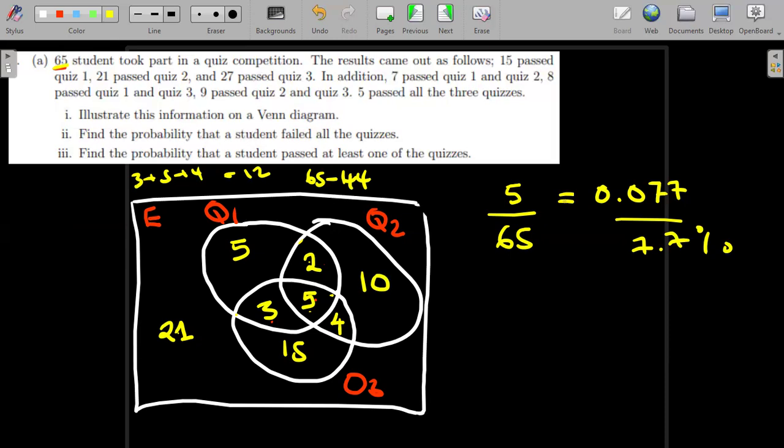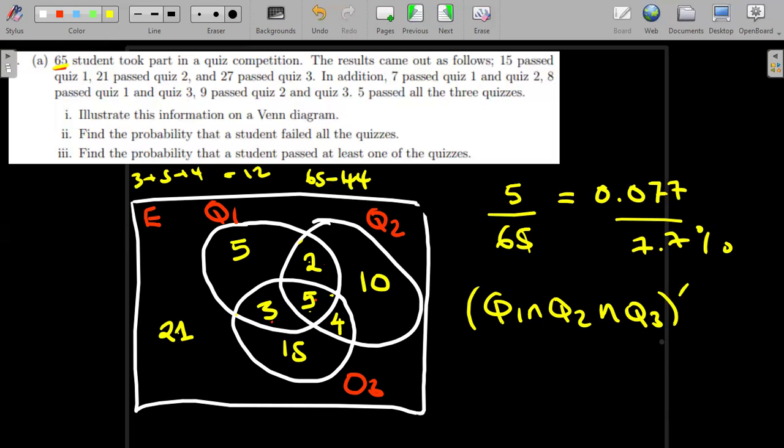Now, to check if somebody failed all the 3 quizzes, so these passed all the 3 quizzes, meaning to fail all the 3 quizzes, it's a complement of this one. The complement of passing all the 3 quizzes. So we are saying Q1 intersect Q2 intersect Q3, these meaning passed all the 3 quizzes, then the complement of this one is the ones that did not pass all the 3 quizzes.